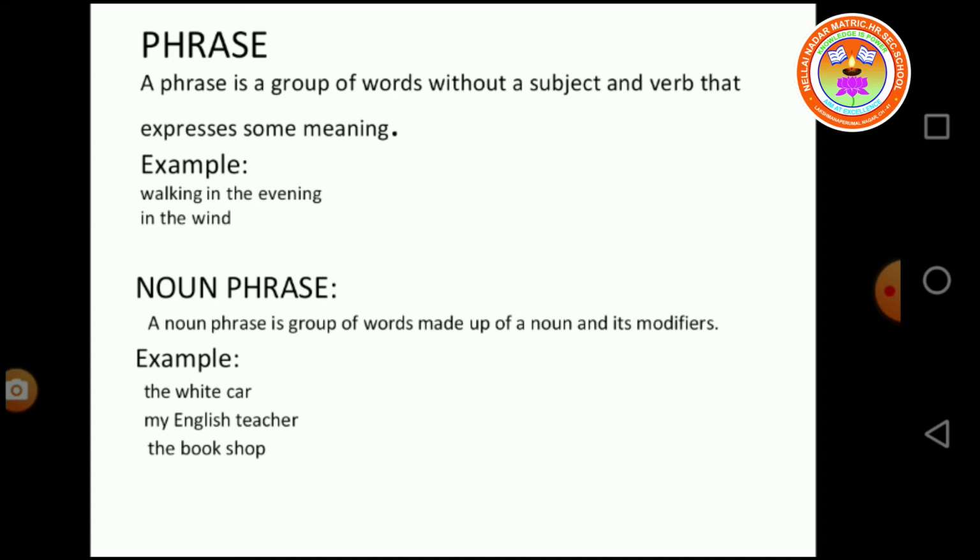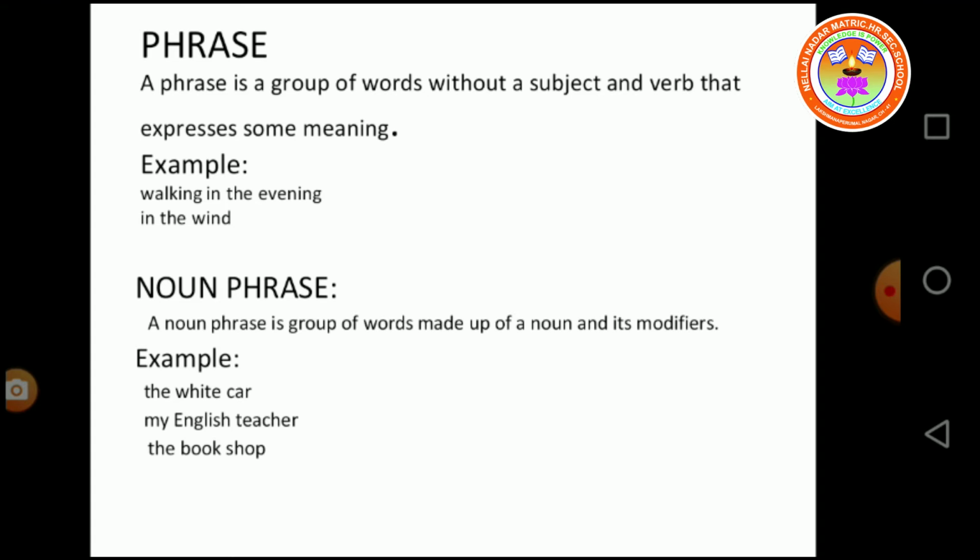And of phrase, there are many types. In that, noun phrase is one among them. Let us learn noun phrase. A noun phrase is a group of words made up of a noun and its modifiers.